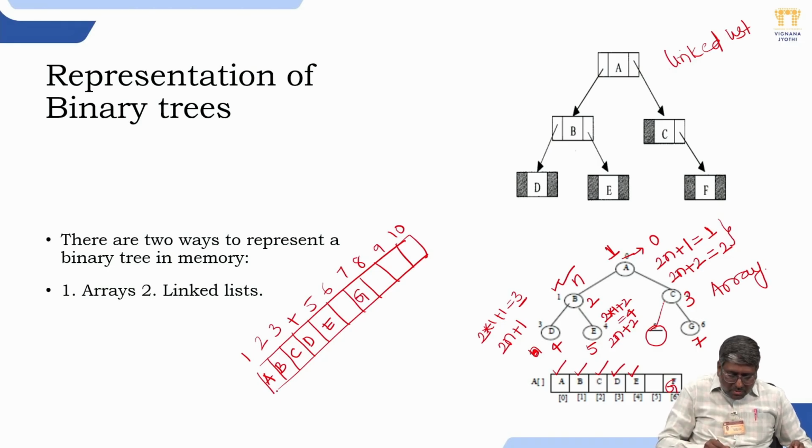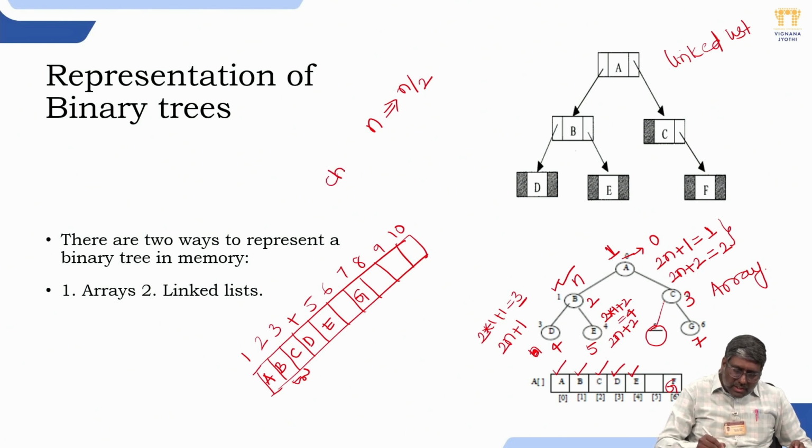By using this representation we can get the parent node. Suppose B and C, the parent of B and C is A. If the child is at the nth position, we can get its parent node position by using the equation n by 2.